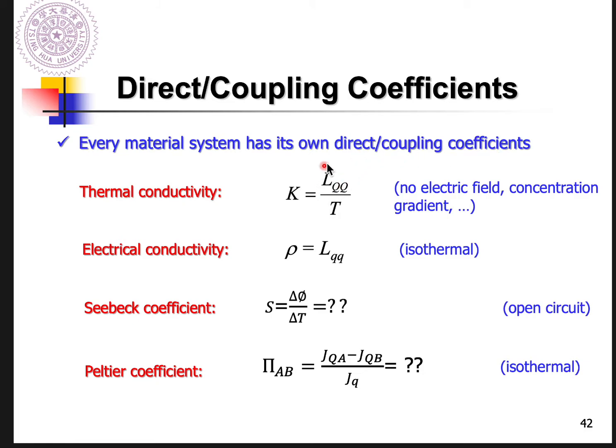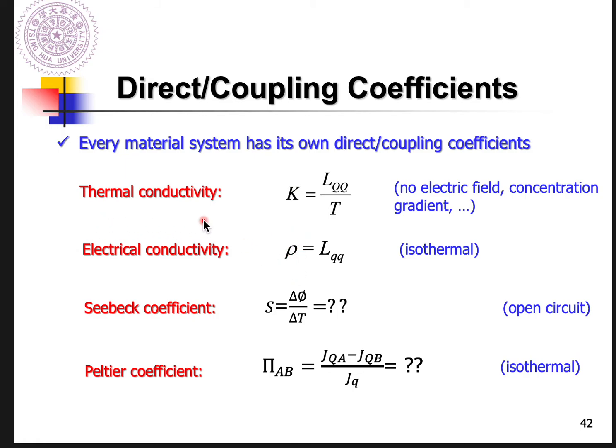What are these direct coefficients? What is the L capital Q, and what is the L small q? We are going to use some examples to demonstrate the relationship between the direct coefficient and some intrinsic material property.